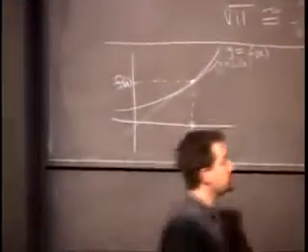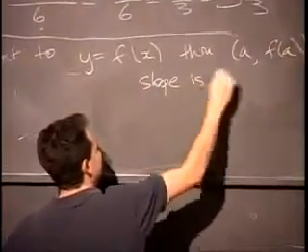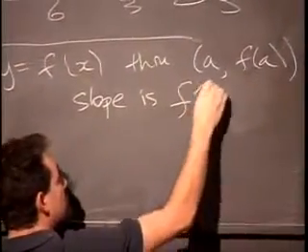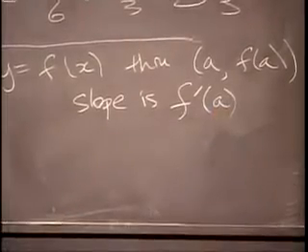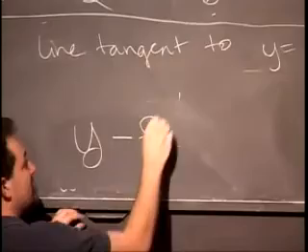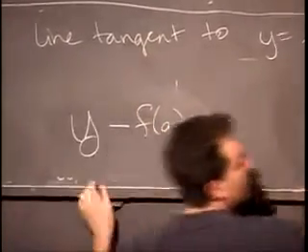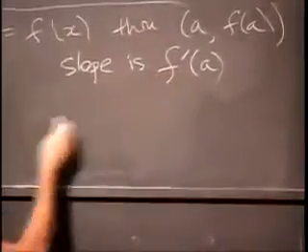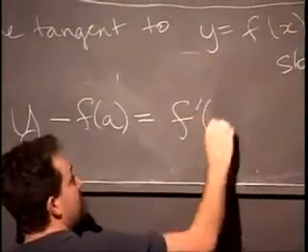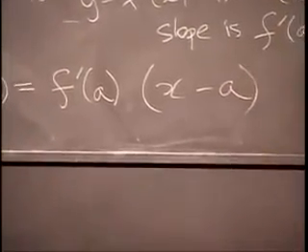Well, the slope, of course, is f prime of a. So actually, the equation is fairly straightforward. It's y minus f of a is equal to, so y minus the y coordinate here, is the slope f prime of a times x minus the x coordinate.